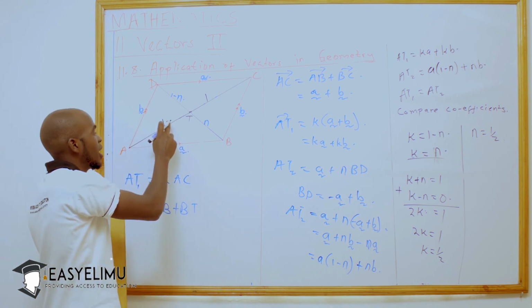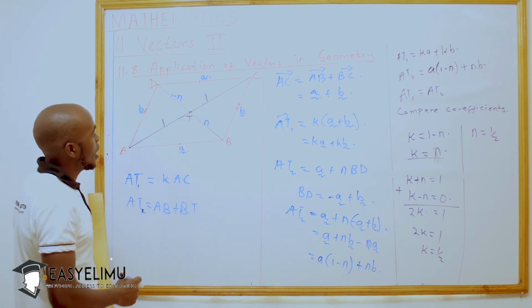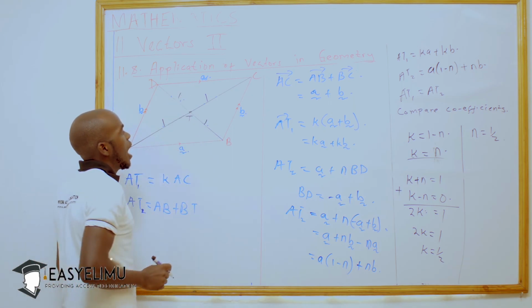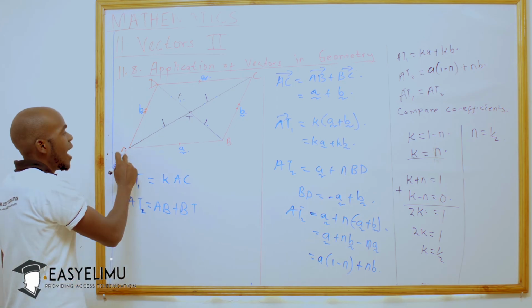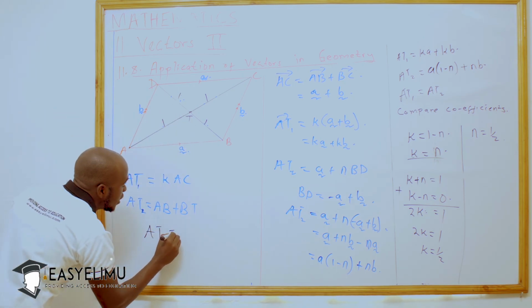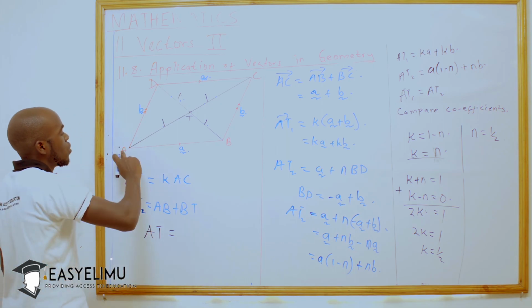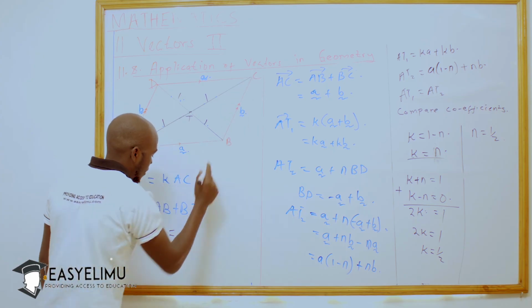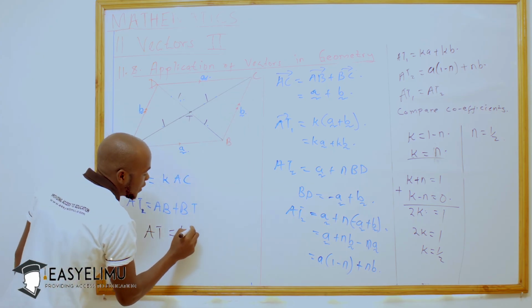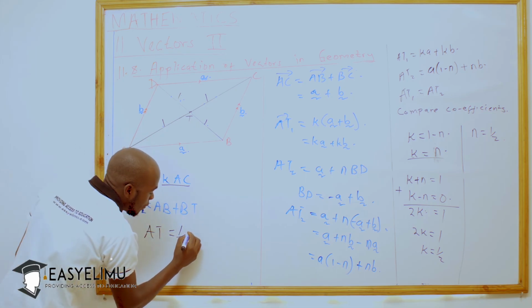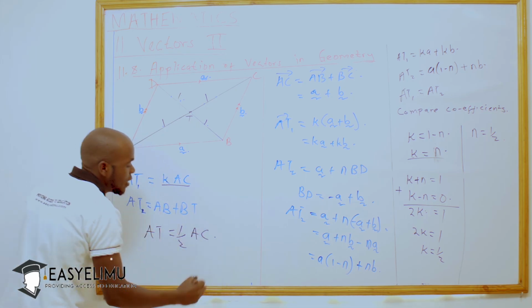So it will be 2 minus 1, you will get 1. The same applies here, 1 to 1. And that implies that AT is equal to a half of line AC, as we have seen from this. K is a half, so it's a half of line AC.